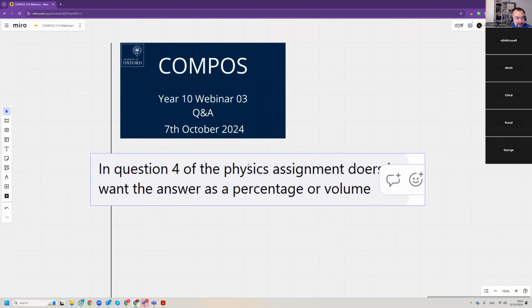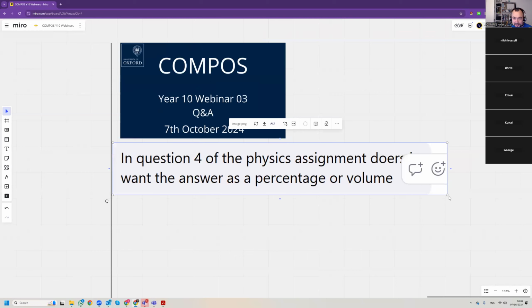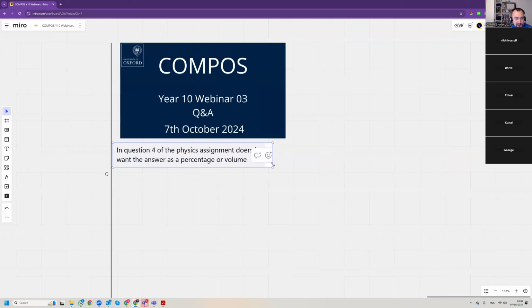The first question. In question 4 of the physics assignment, does it want the percentage or volume? Let's have a look. COMPOS assignments Year 10 physics, and we also need the maths as well.